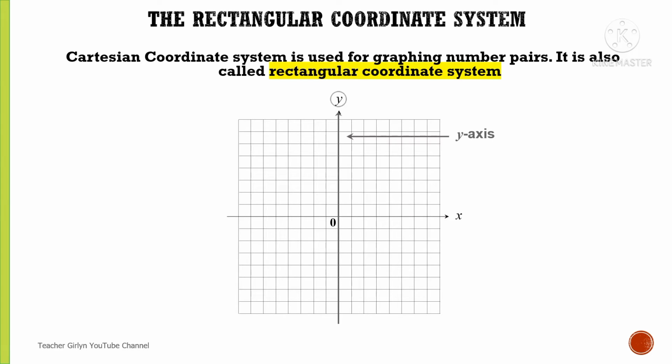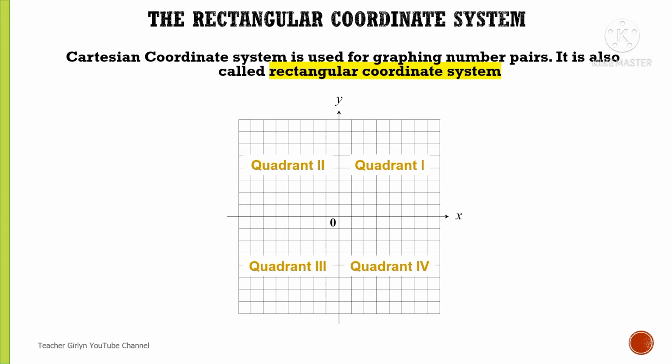The vertical line is called the y-axis, and the other term for it is ordinate. The point of intersection of these two number lines is called the origin. And we have four regions: quadrant 1, quadrant 2, quadrant 3, and quadrant 4. Now let's discuss the four regions further.